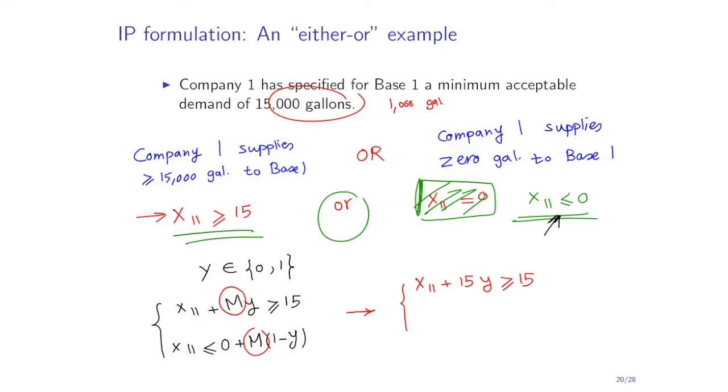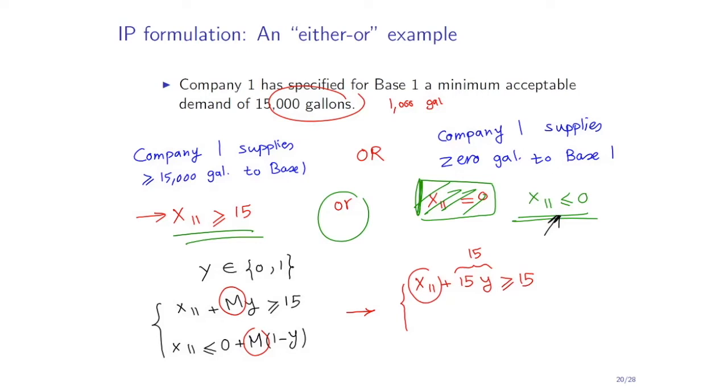Why? Because remember, y is 0 or 1. If it is 0, the value of M doesn't matter. If it is 1, we want this constraint to be redundant. And if it is 1, then this term becomes 15. And we know that x11 is non-negative, so x11 cannot be less than 0.